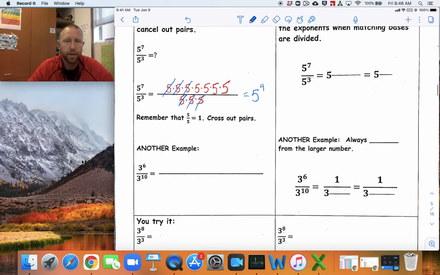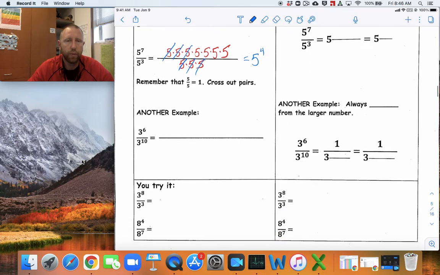All right. So another example is when the bigger exponent's on the bottom. So look and see what happens here. So 3 to the power of 6 is 1, 2, 3, 4, 5, and 6. So I've got 6 3s on the top, all multiplication, right? 3 to the power of 10, 1, 2, 3, 4, 5, 6, 7, 8, 9, 10.